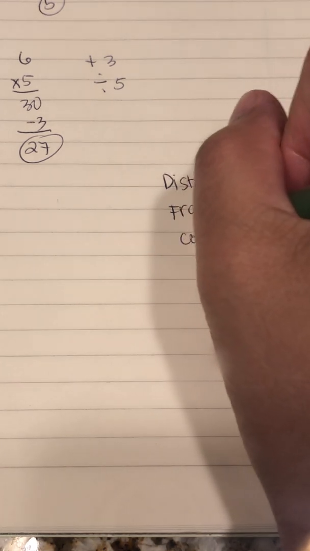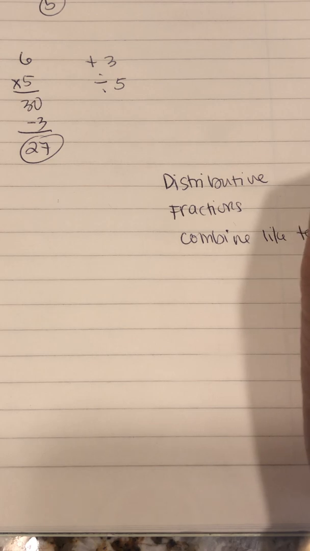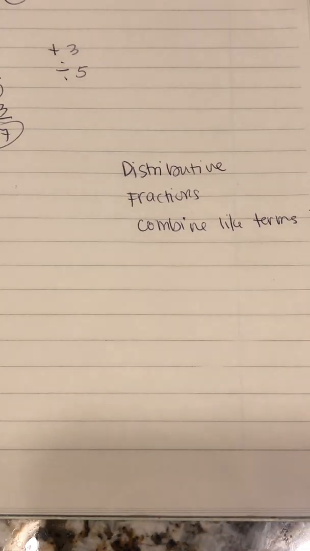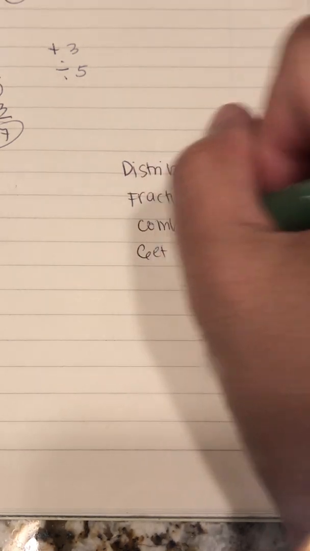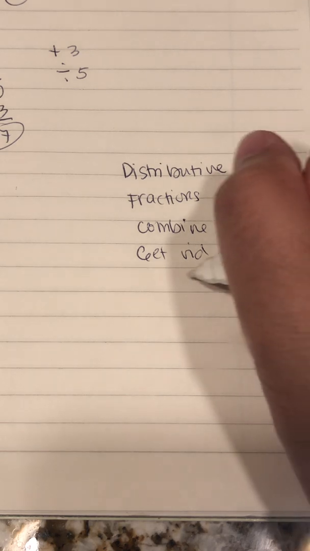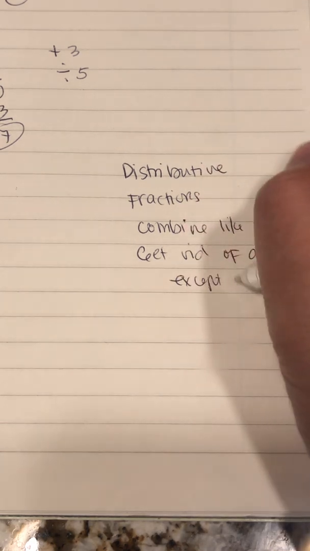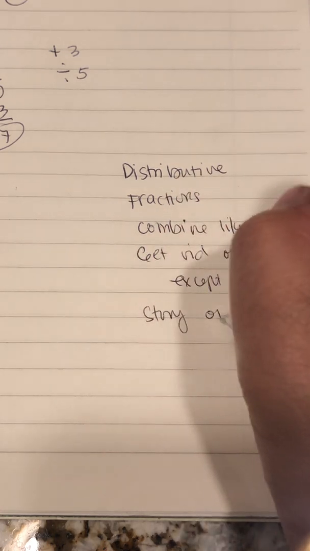Then you combine like terms. And then you are going to get rid of all x's except for 1. And then story of x.